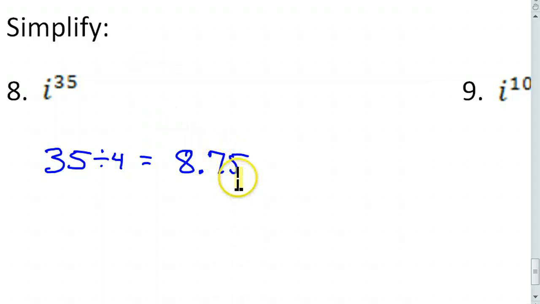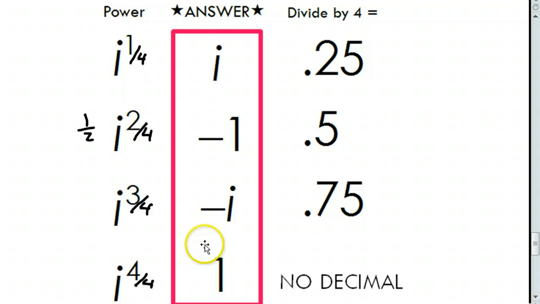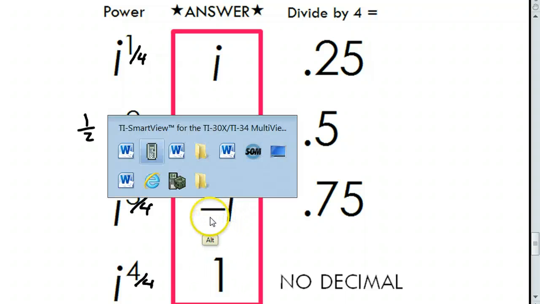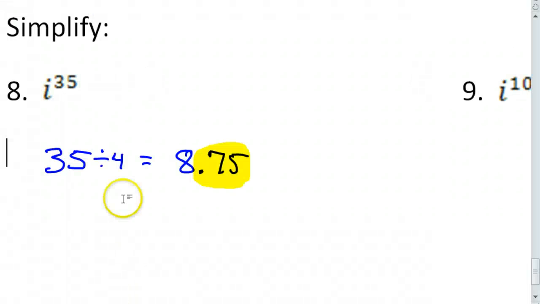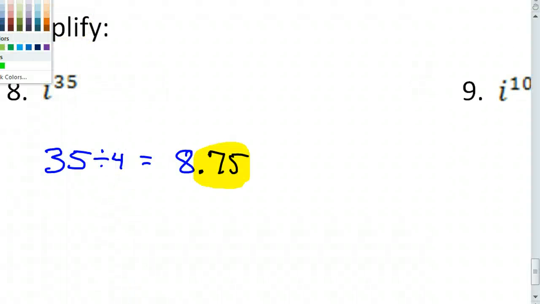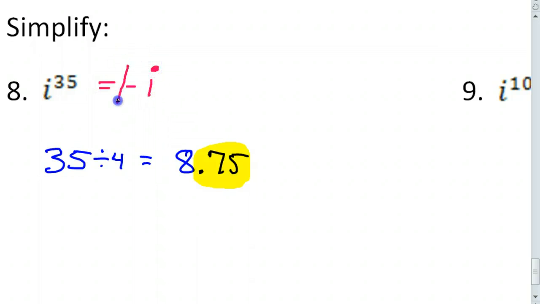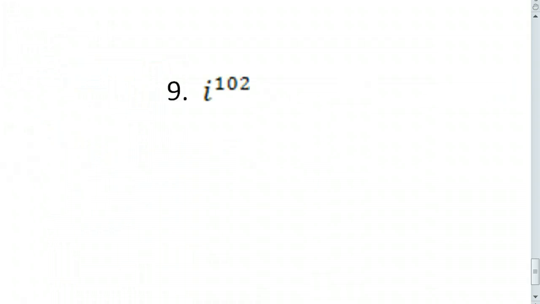But focus on the decimal part, 0.75. That's -i, so we put -i for the answer. So you're going to have to memorize the chart, bottom line.